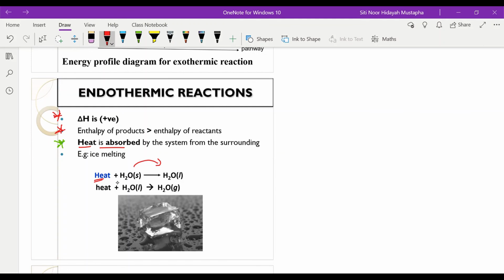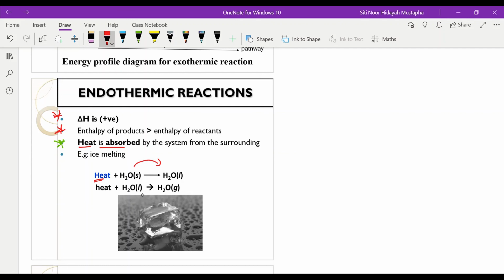But with endothermic, you know that heat is absorbed. Heat is being absorbed, so that is why heat must be at the reactant side. So H2O solid, which is your ice, will absorb a certain heat from the surroundings to produce H2O liquid.